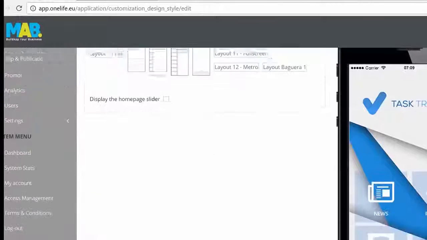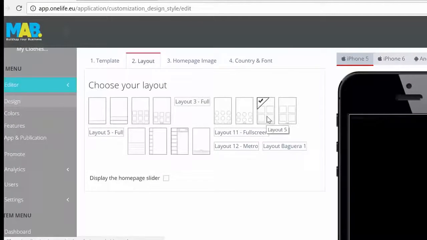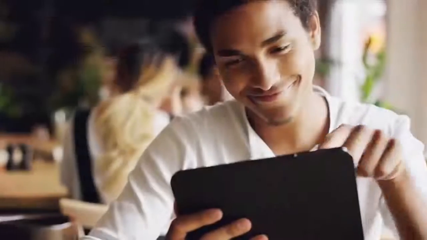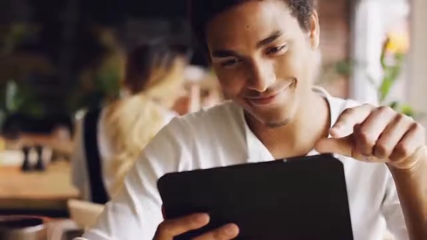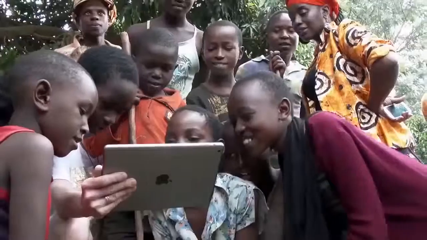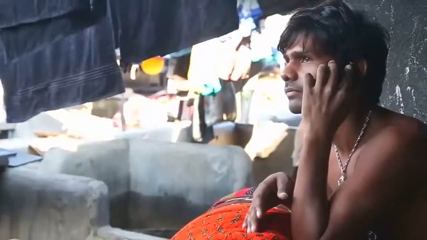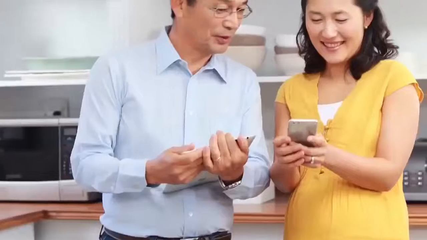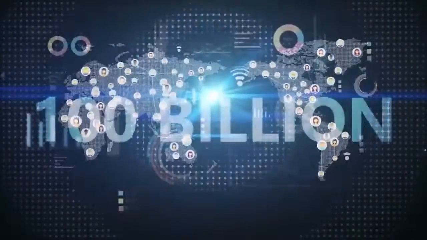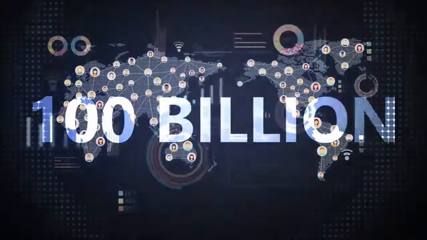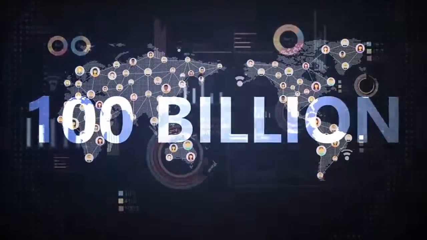The plug-and-play interface and the easiness of using the builder empowers everyone to have a mobile application. Today, over 2 billion people around the world are online using their smartphone. In 2015 alone, 100 billion mobile apps had been downloaded from the Apple App Store, and the number is growing.